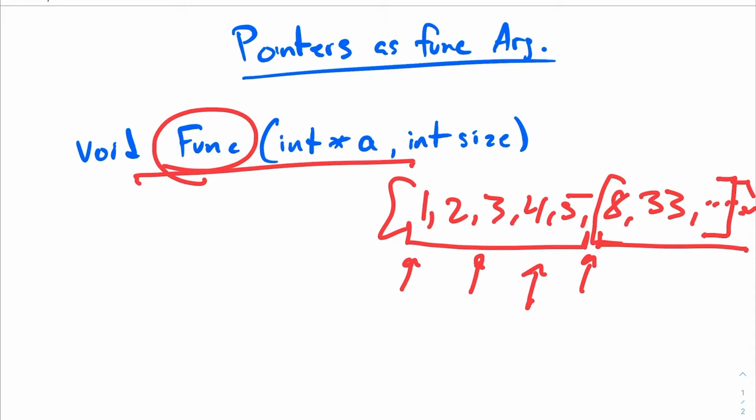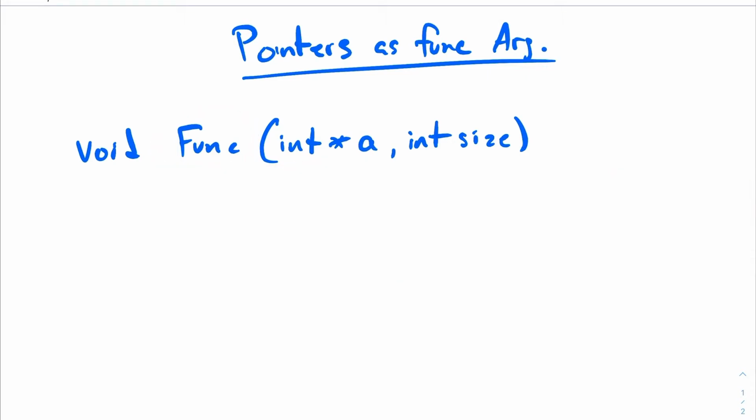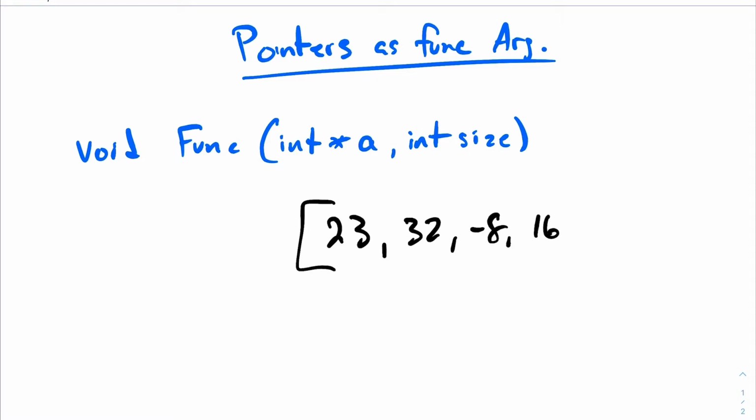Let me show you what I mean. This array in memory, let's say it looks something like this: 23, 32, negative 8, 16, 24, negative 3, right? And I was writing some function, let's say that this is a sort function.